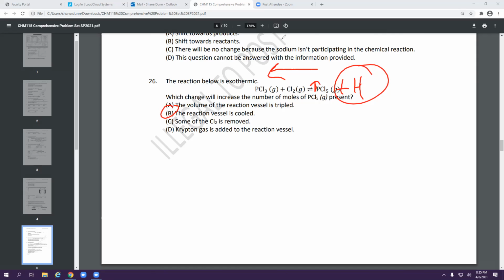And also, if this makes no sense to you, look at this. If it's going to shift in this direction, how would that affect volume in the container? That wouldn't affect volume in the container, right? So A makes no sense. Krypton gas doesn't do anything. So some of the Cl is being removed. I'm shifting towards a reactant.